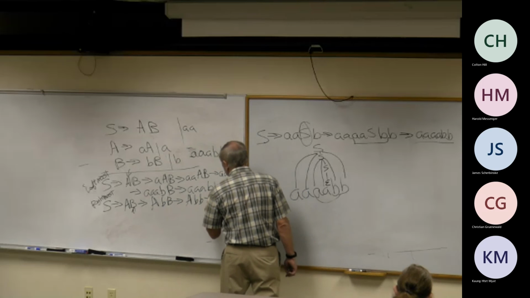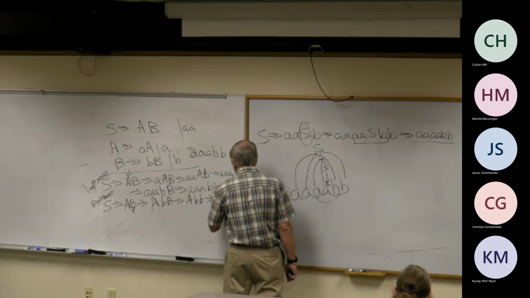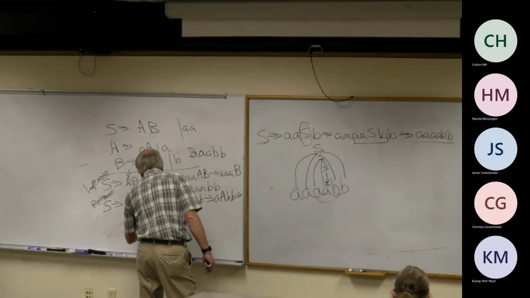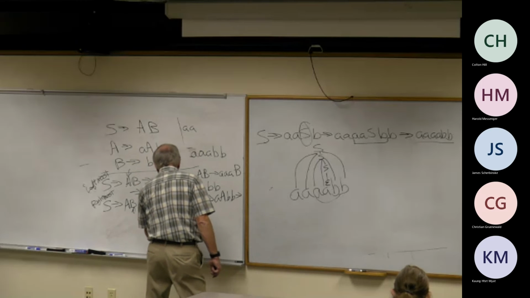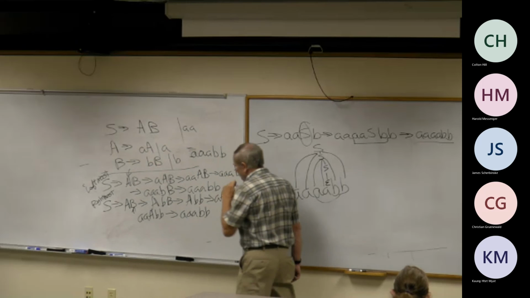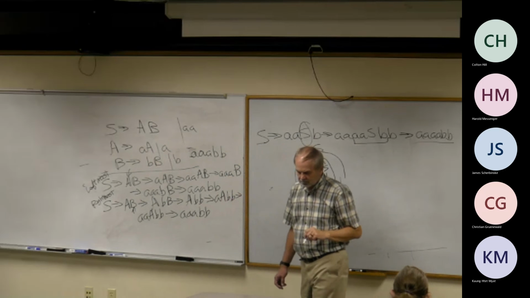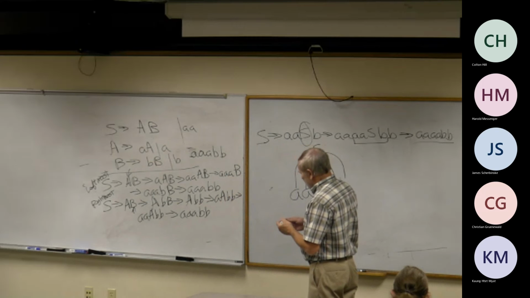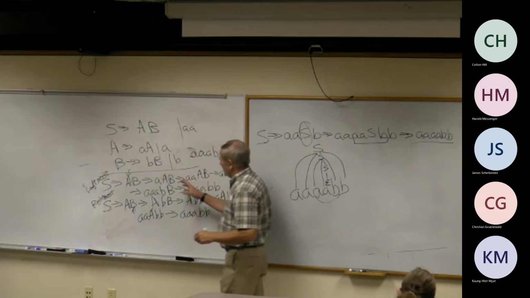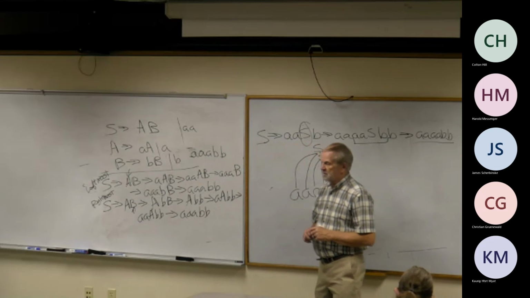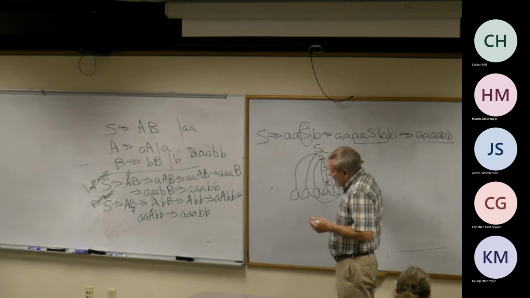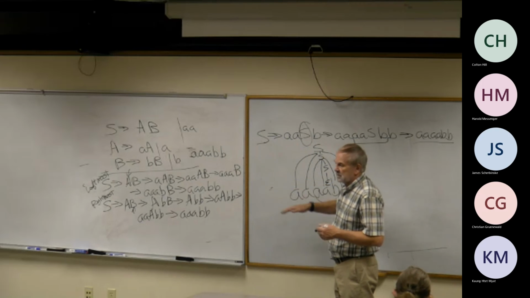And then we would apply the A rules. And finally, so. Unless you were asked for the leftmost or rightmost, you could randomly pick which one you replace and still get a good derivation. What's the purpose of leftmost, rightmost? Just to make it easier to follow what's happening.